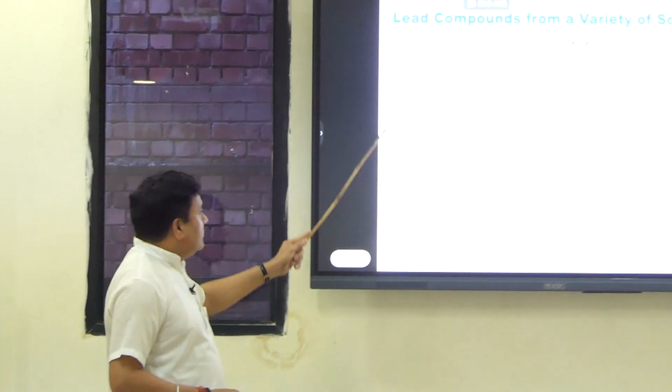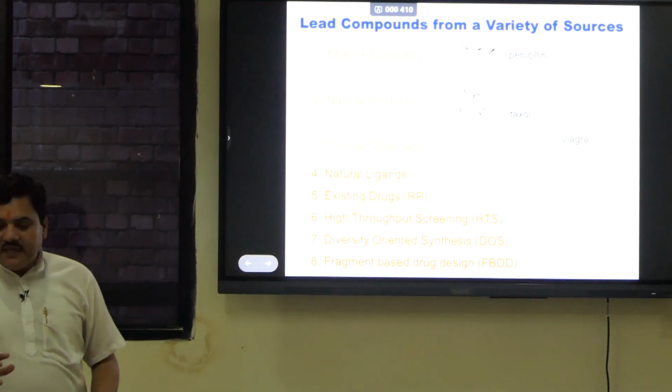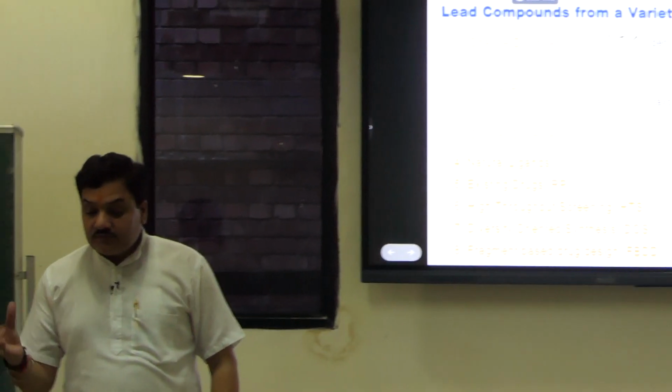What is the difference between natural products and natural ligands? Natural products are the ones isolated from plant products.